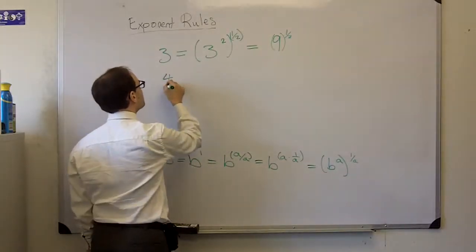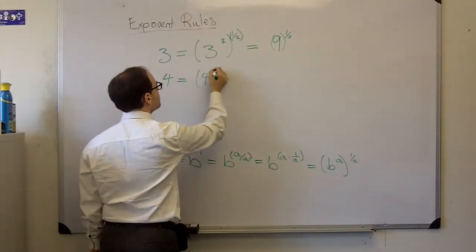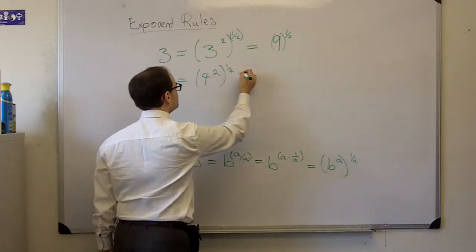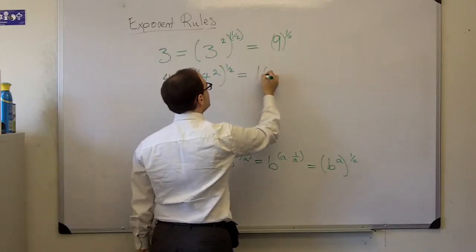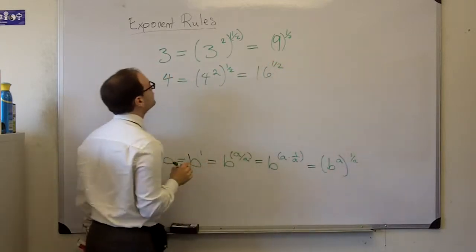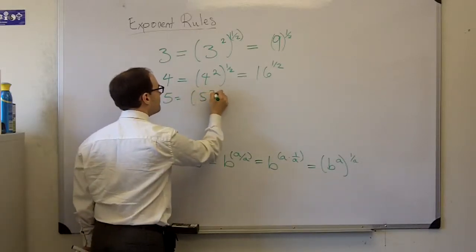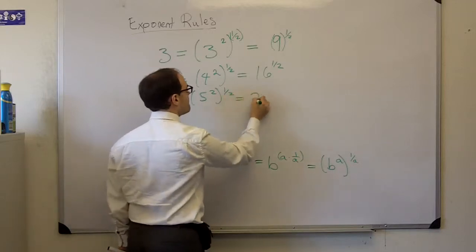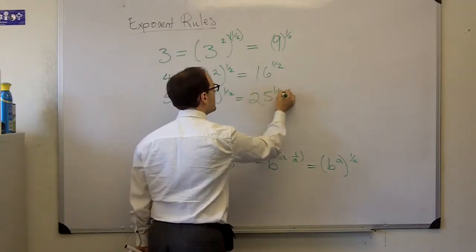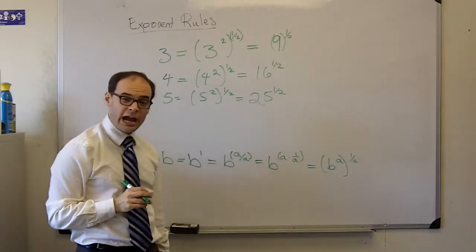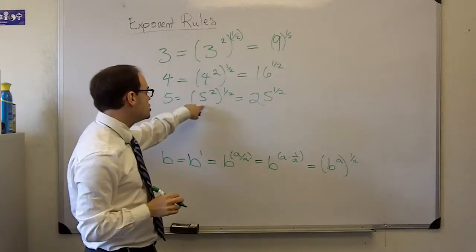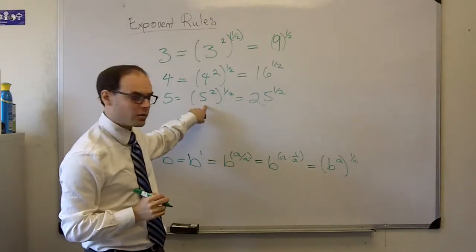What about, let's try with 4. Let's see if there's some insight there. That's 16 to the 1/2 power is 4. Hey, I think I see a pattern. This to the 1/2 power is undoing the squaring. It is a square root.